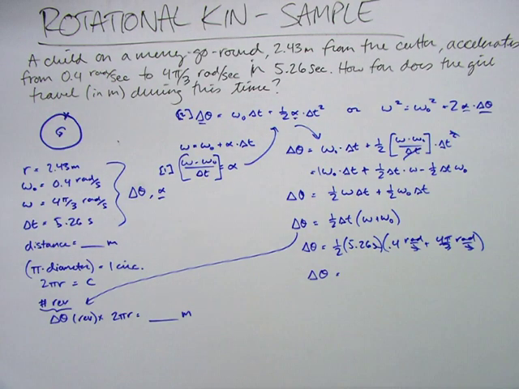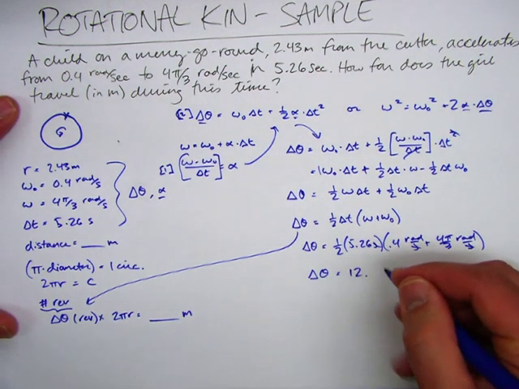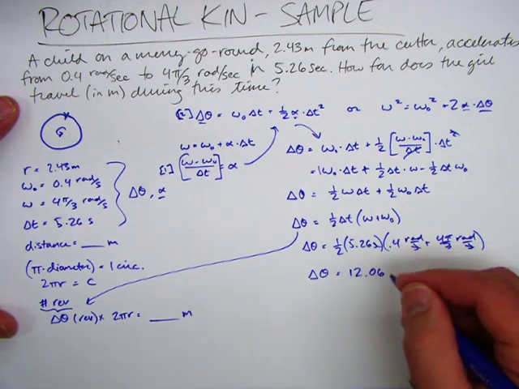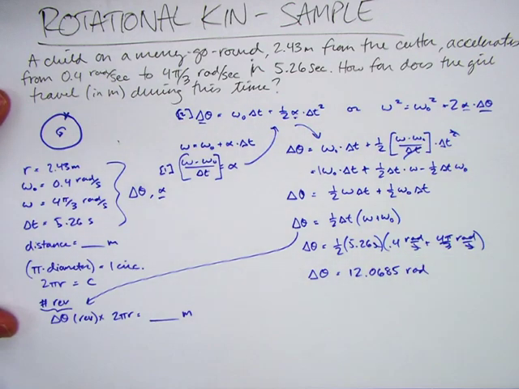So 0.4 radians plus 4 pi, times 5.26 times 0.5, gives me 12.0685 radians.